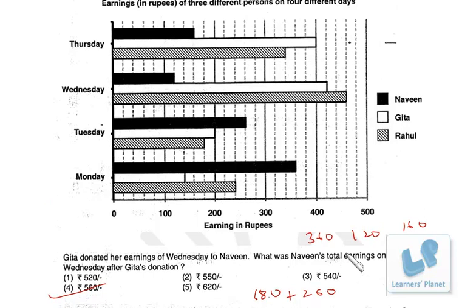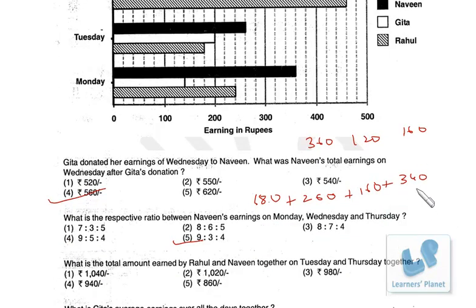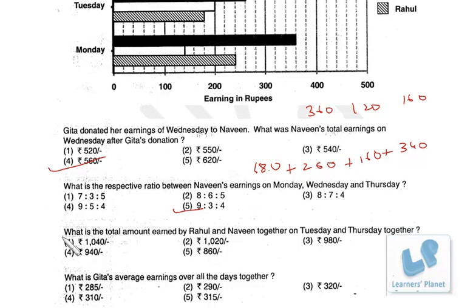Then we have to see on Thursday Naveen is 160 and Rahul is 340. Okay, so this is the total earning. So that's 340 plus 160, 500, 500, 600, 700, 800, 800 and 940 rupees. Okay, pretty simple.